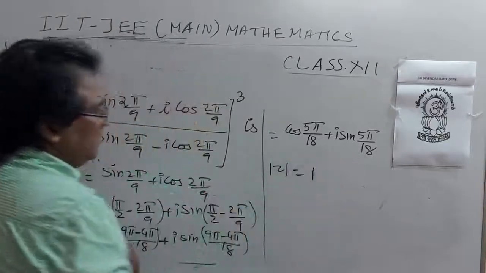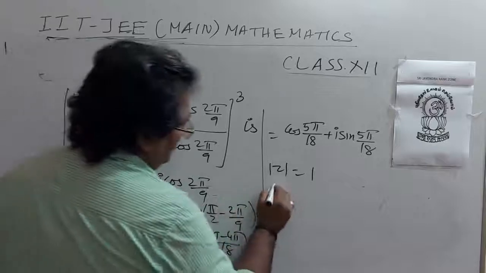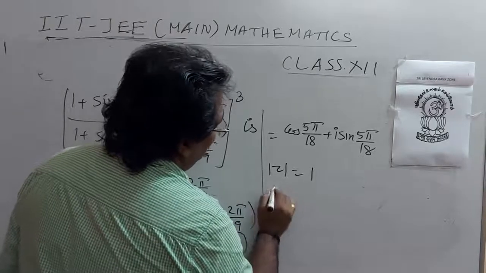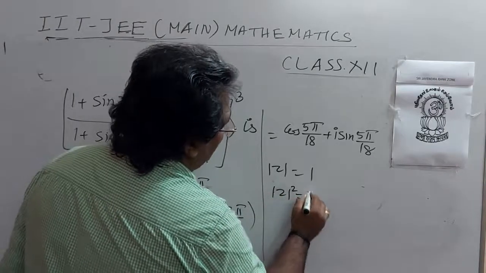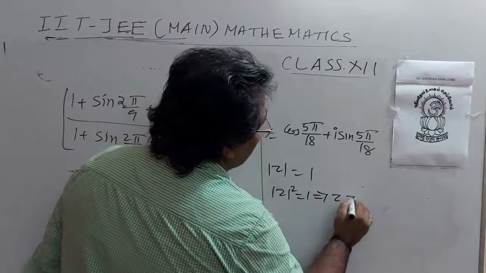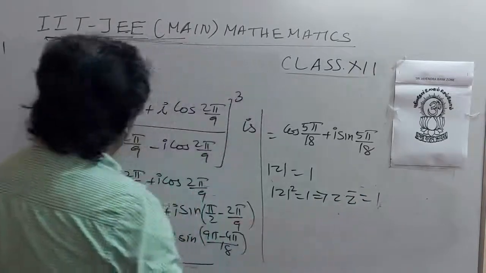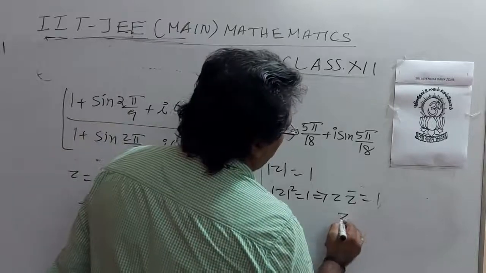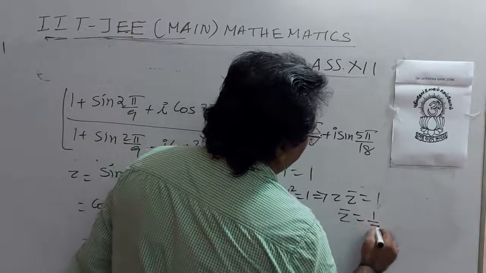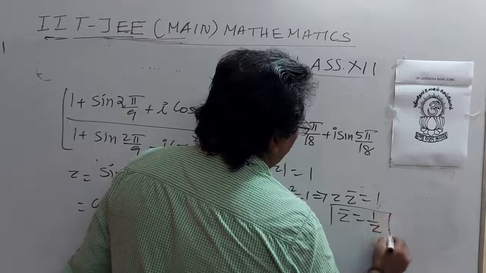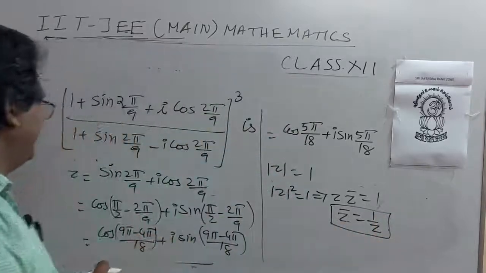So the modulus of this value is 1. Modulus z squared equal to 1, which means z bar equal to 1 by z.